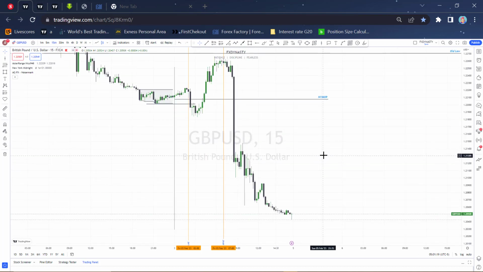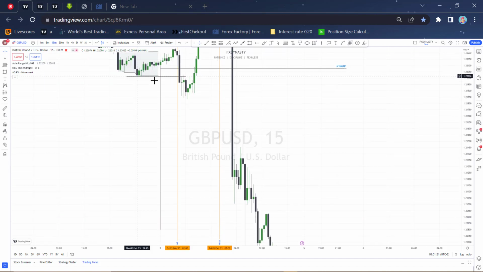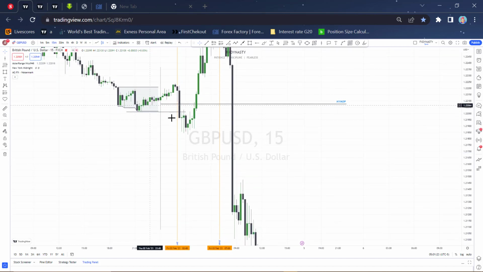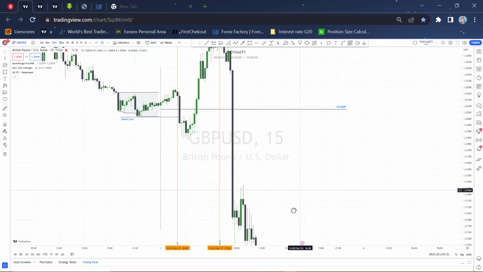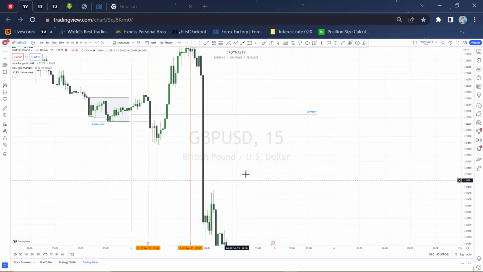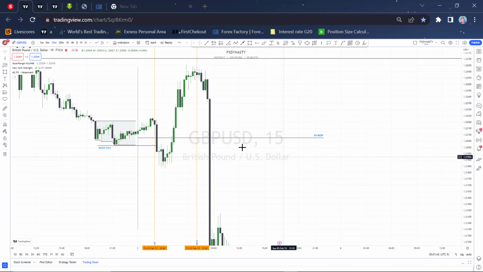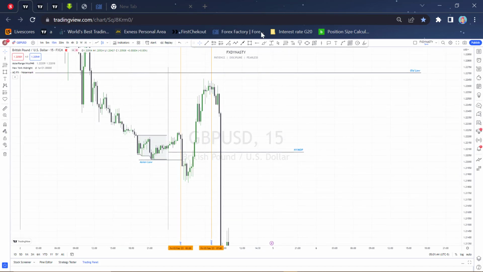So if you look, price has cleared this Asian liquidity right here, the Asian low. You already know that this is a liquidity pool, you understand? So this Asian low has been cleared and price went up as I expected.